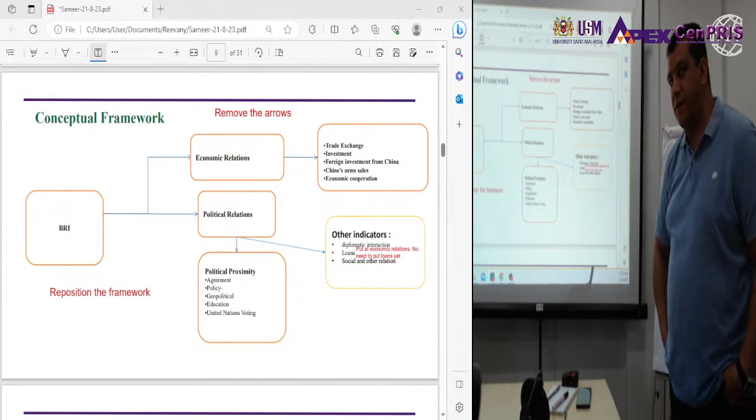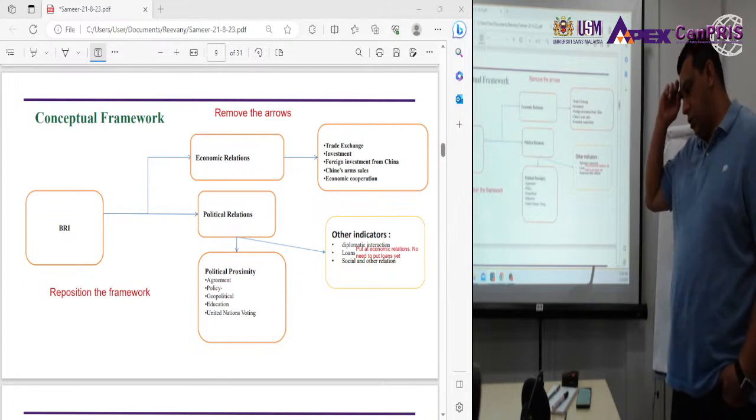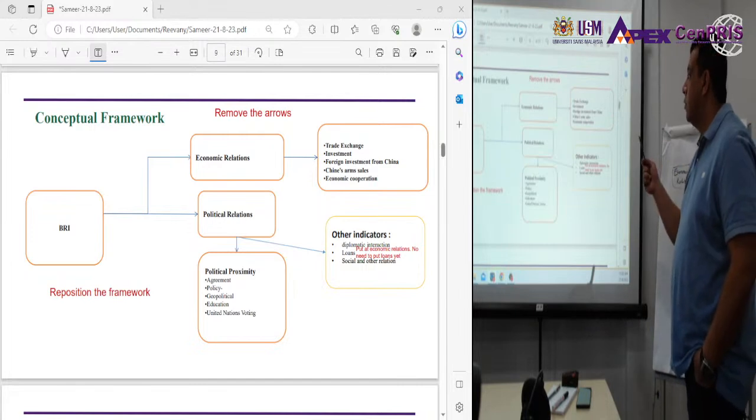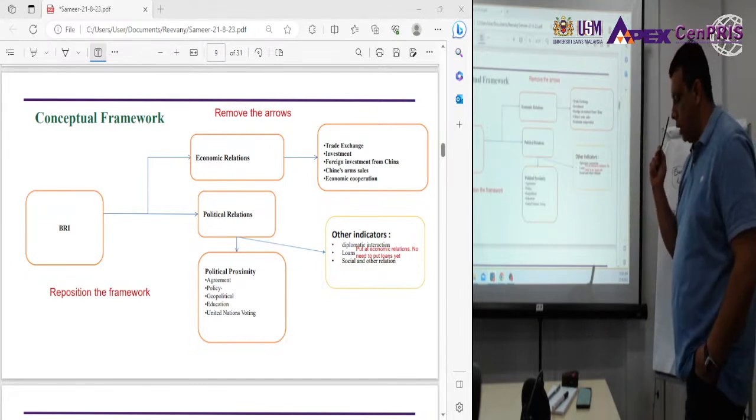What is the conceptual framework? Here it looks like BRI causes the arrow. Now there's no arrow here, right?